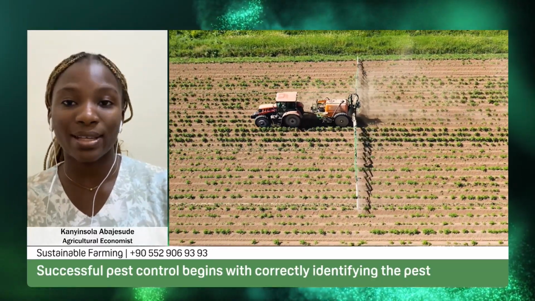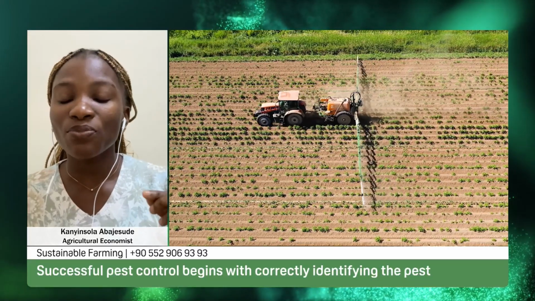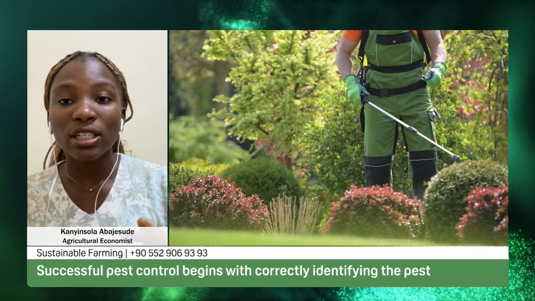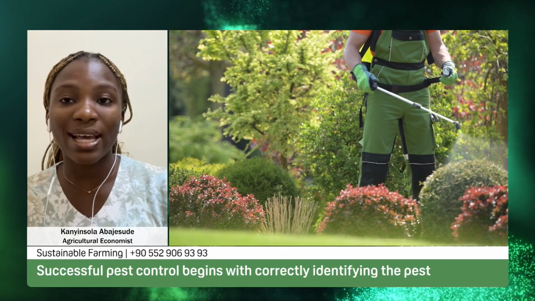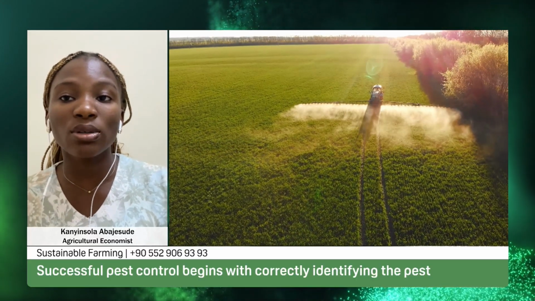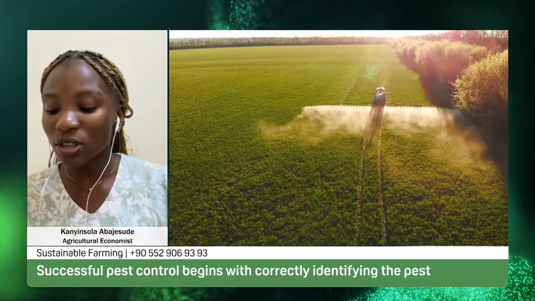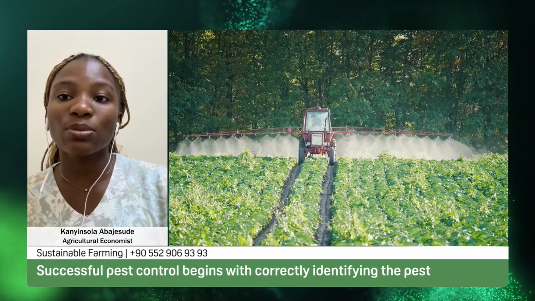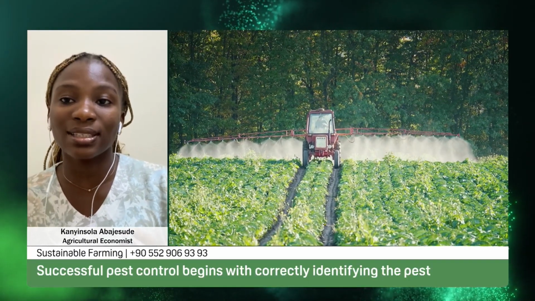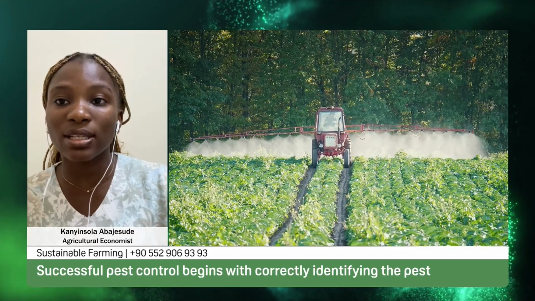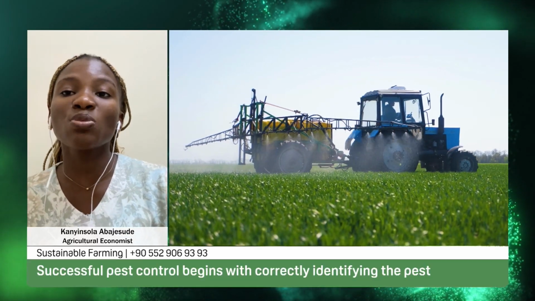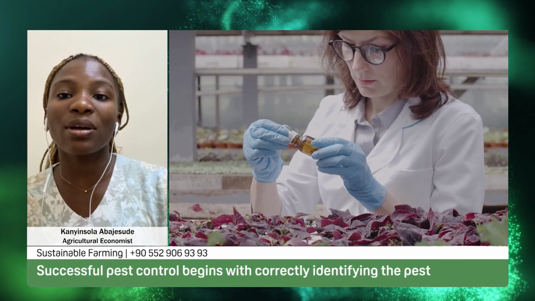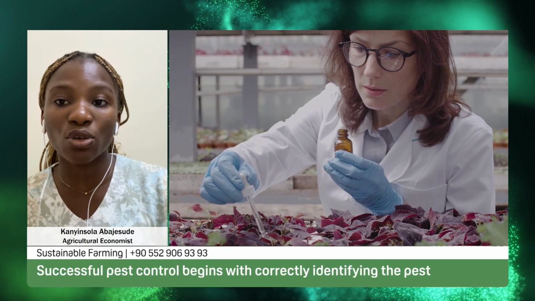Also, look for the pests. In the steps to identify a pest, first of all, you observe the damage. Second, you look for the pest. Try to look around the farm or around the plant, identify a plant that the pest has damaged, and see if you can see the pest around it. It will be easier for you to identify pests and administer control.